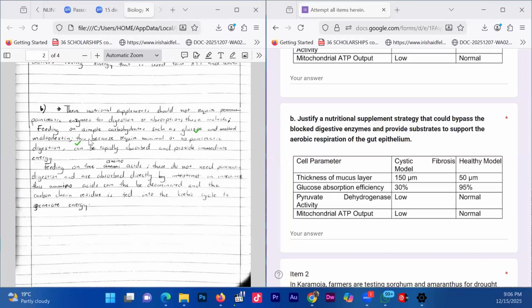However, maltose also requires further digestion in the intestine, in the ileum. Remember the ileum secretes intestinal juice, the succus entericus, which will have the maltase enzyme.